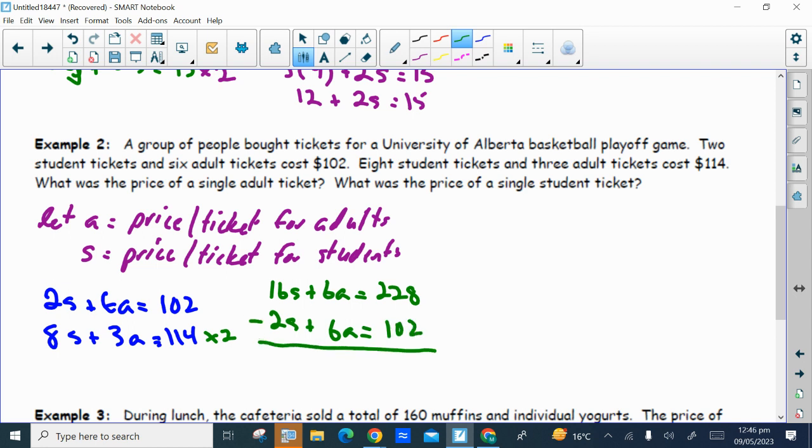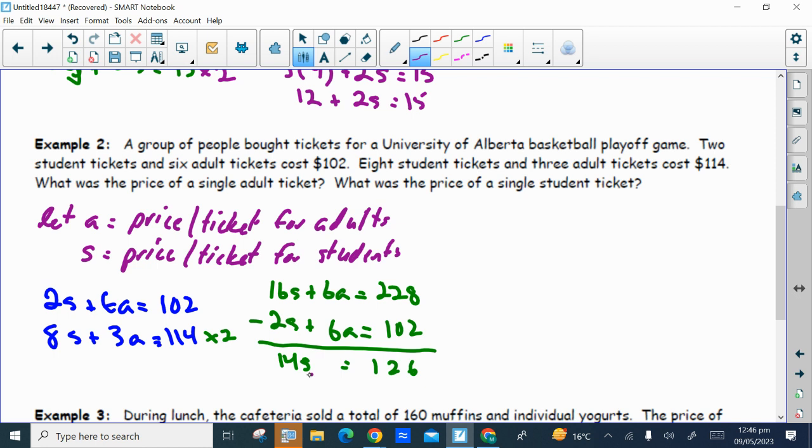And because the coefficients in front of the a's are identical, we will subtract these equations. 16s minus 2s is 14s. The 6a's cancel. And when you subtract 102 from 228, that'll give us 126.